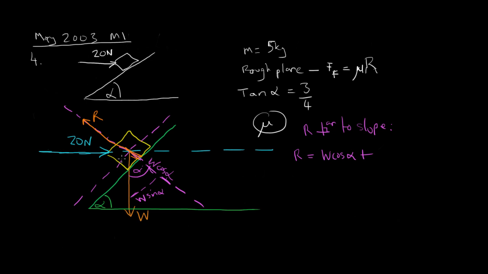So if this is the force of 20 coming in this direction, let's split it up as a hypotenuse in a direction perpendicular to the slope. If this is the slope, then perpendicular to the slope would be there, and down the slope would be this purple one here.